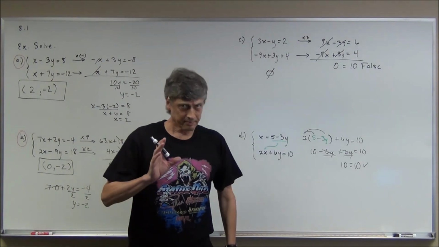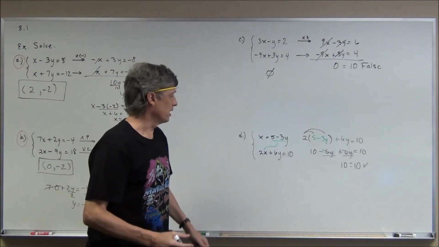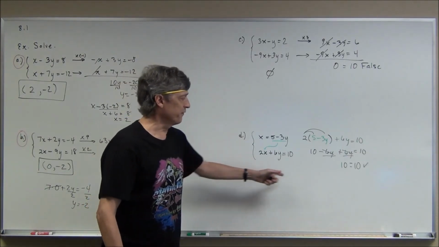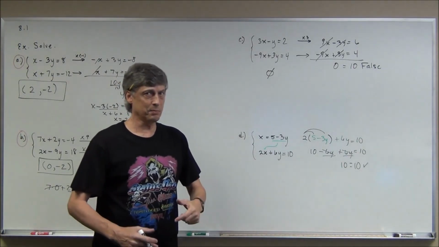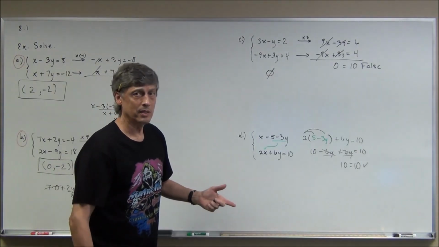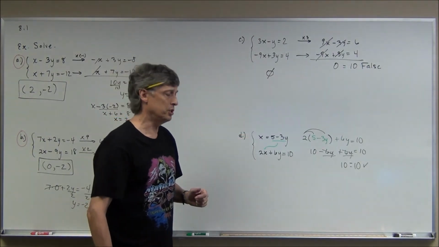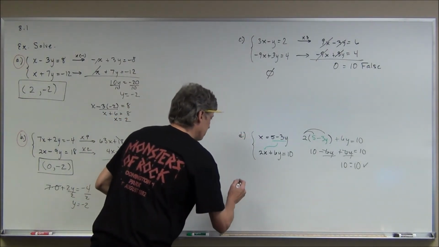Now, here's where I differ with some of the textbooks and some other instructors. Some teachers will just write infinitely many solutions. Well, that explains how many there are, but it doesn't really tell you what the solutions are. Remember, I said every point on the line is a solution. So here's how I would suggest that you write it.